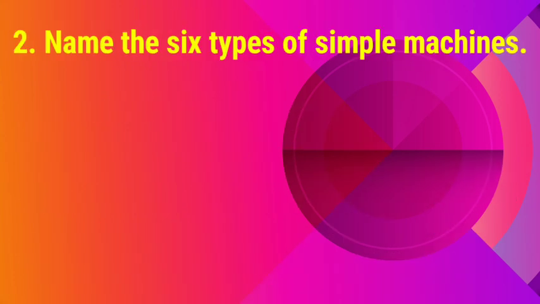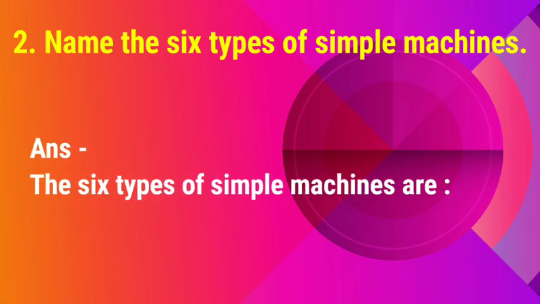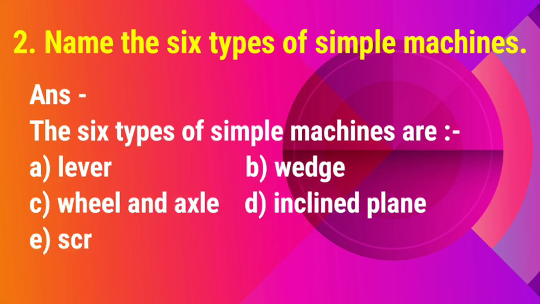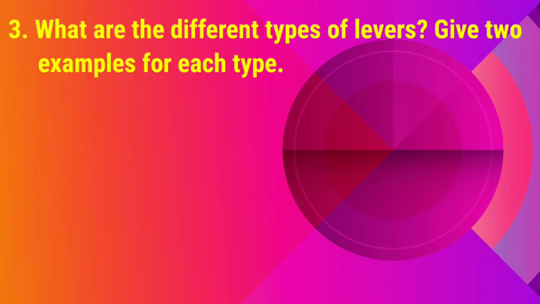2. Name the 6 types of simple machines. Answer. The 6 types of simple machines are A. Lever, B. Wedge, C. Wheel and axle, D. Inclined plane, E. Screw, F. Pulley. 3. What are the different types of levers?